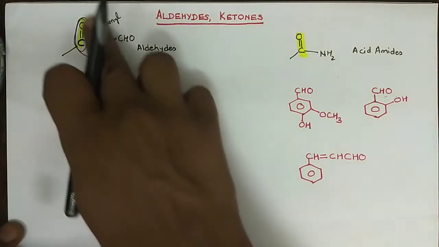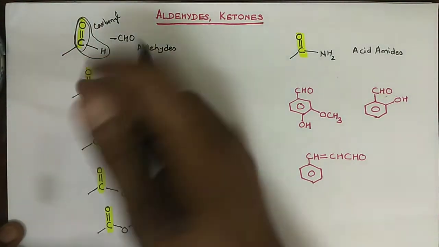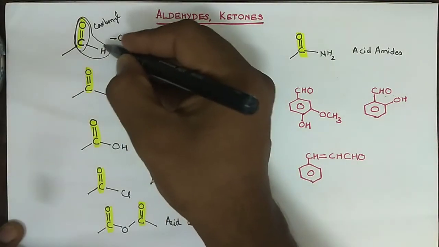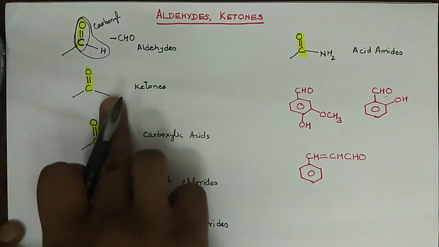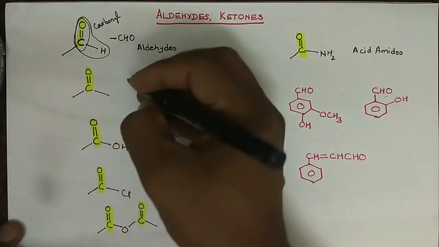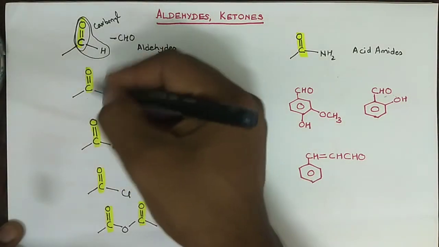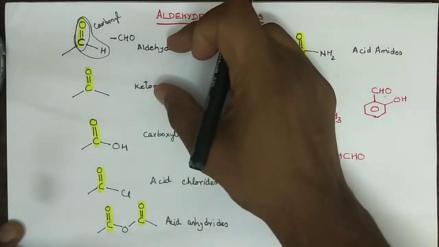And if this group is not present at the extreme end, and we have replaced this hydrogen with some alkyl group, alkyl at both sides, then you will get this group, and this will be known as ketones. So what is the difference between aldehyde and ketone?